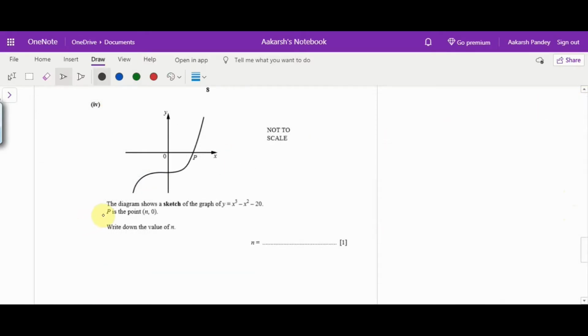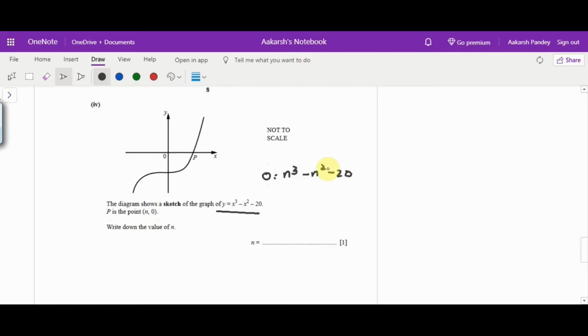Next they are saying the diagram shows a sketch of this graph, and p is a point n comma 0. Write down the value of n. See now, because we know that this graph is actually y equal to x cube minus x square minus 20, and if we substitute the point p, what do we get? 0 equals n cube minus n square minus 20.